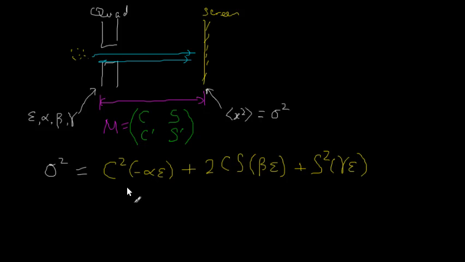In particular, for sigma squared, we would just need the first two elements, the C and S elements of the transfer matrix. And when doing a quadrupole scan, these quantities, the alpha, beta, gamma, epsilon, won't change. It's just what comes before the quadrupole, so those don't change.